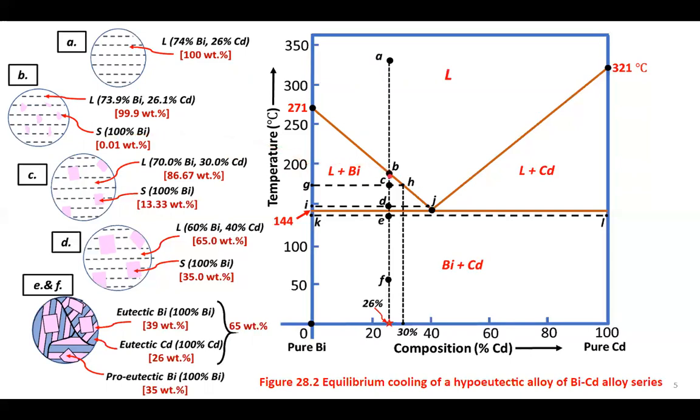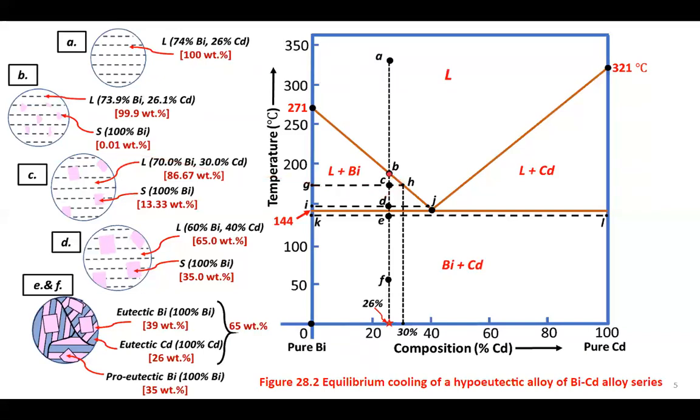Though this is a two-phase region that is on the liquidus line, as a general rule, we generally don't apply the lever rule over here, and simply we can write that 99.99% is still liquid and 0.01% is the first trace of the solid that has appeared in the microstructure of this material.